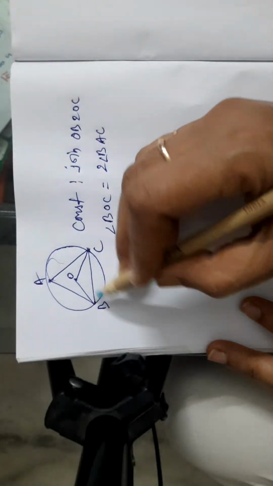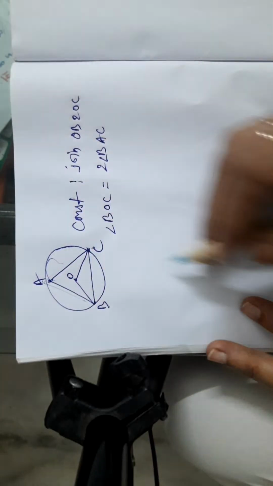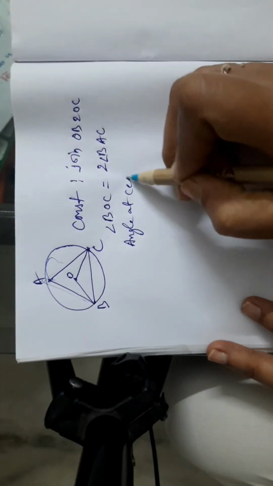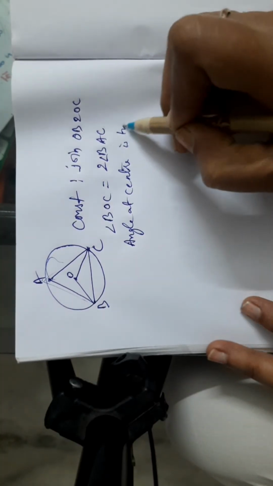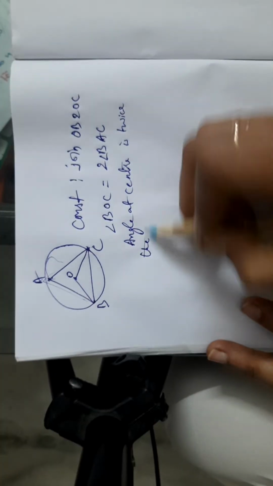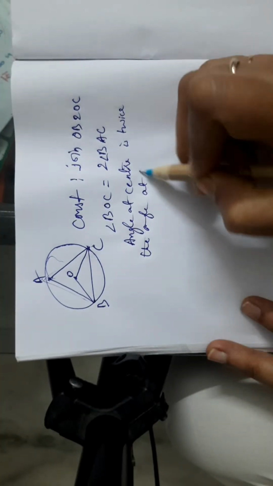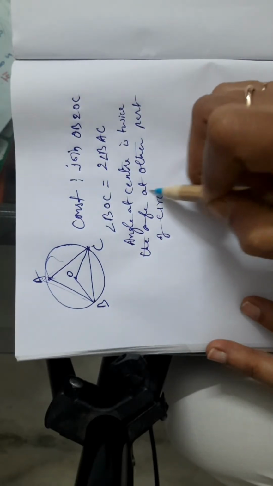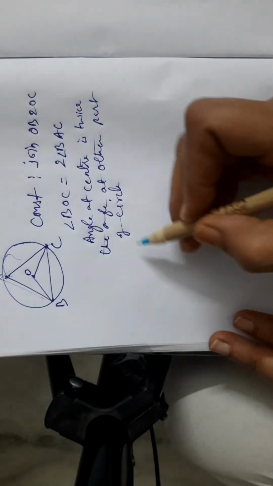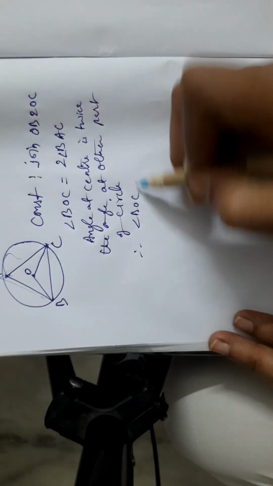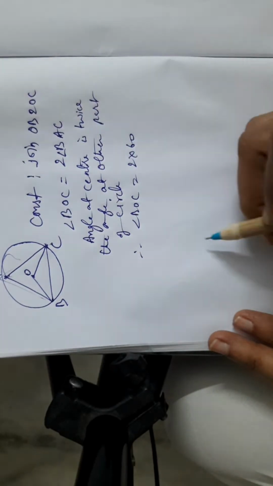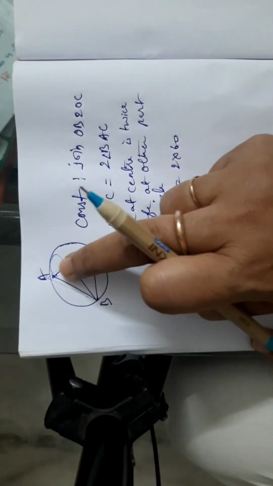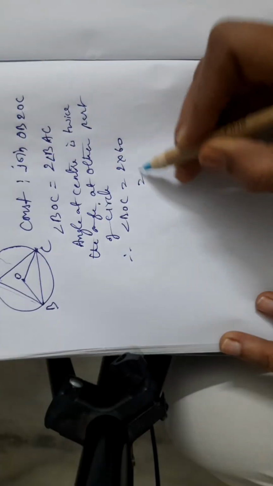Angle at the center is twice the angle at the other part of the circle. Therefore, angle BOC will be 2 multiplied by 60, as the triangle is an equilateral triangle. So the angle is 60, so it will be 120.